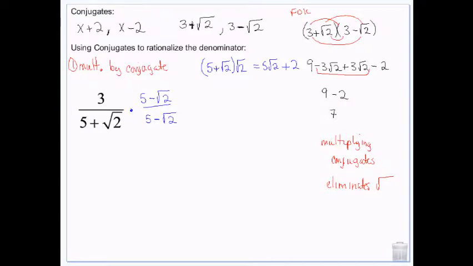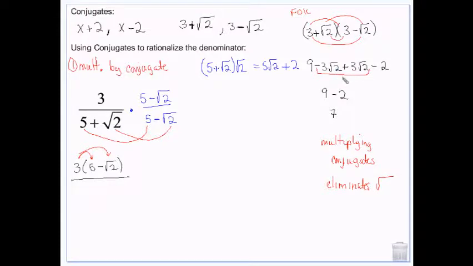And what will happen is my numerator is going to have to be distributed, or possibly FOILed if there's an expression in the top. My denominator is going to end up being 5 times 5, minus the square root of 2 times the square root of 2, because the middle terms go away.